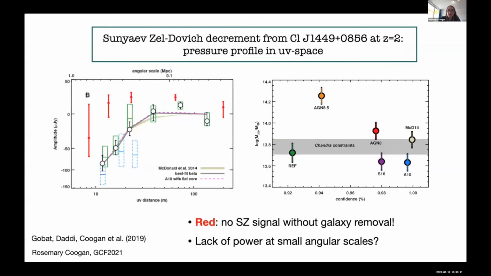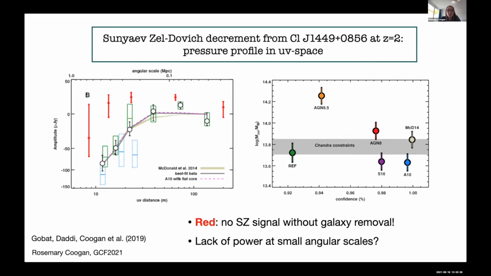So to try and get some physics out of this, we look at the profile, flux as a function of the spatial scale. And that's shown with the white points here. We fit to that several different models for the pressure profile, so with and without AGN activity, for example, and also with or without a cool core. There's a couple of examples of that shown here.